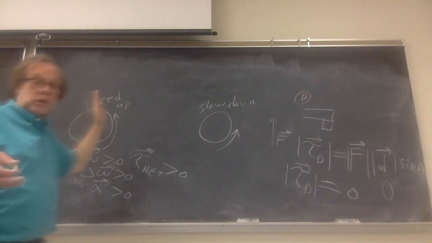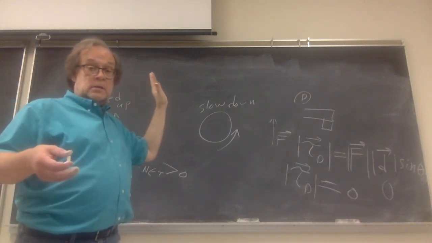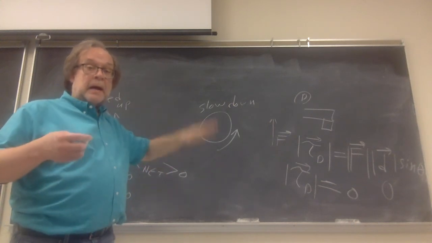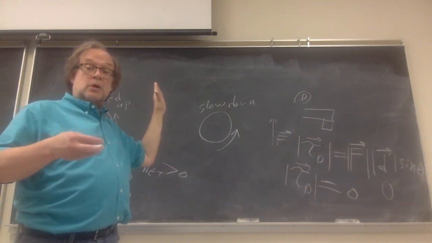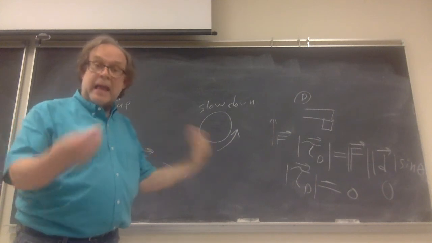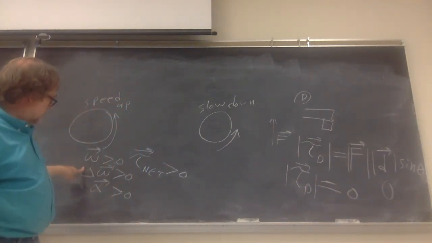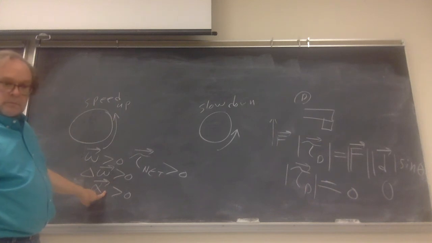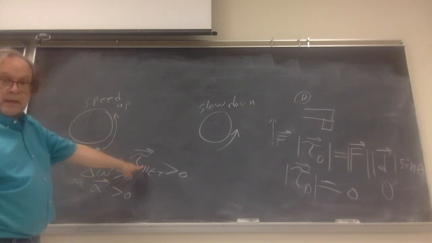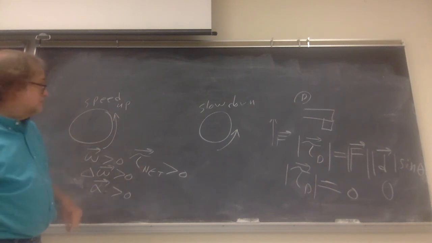I was making counterclockwise velocity. I was making positive angular velocity up here that wasn't there before. I was adding in positive angular velocity. The angular acceleration was positive, in other words, and it has to be a positive torque that caused that.